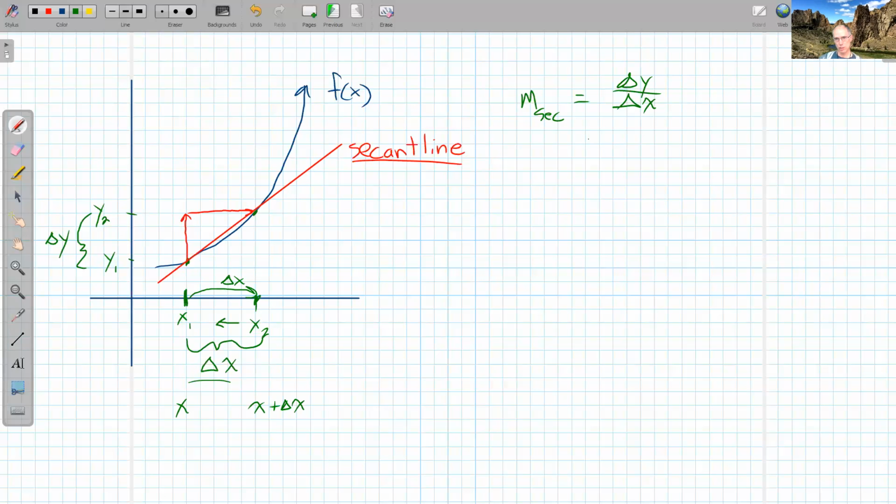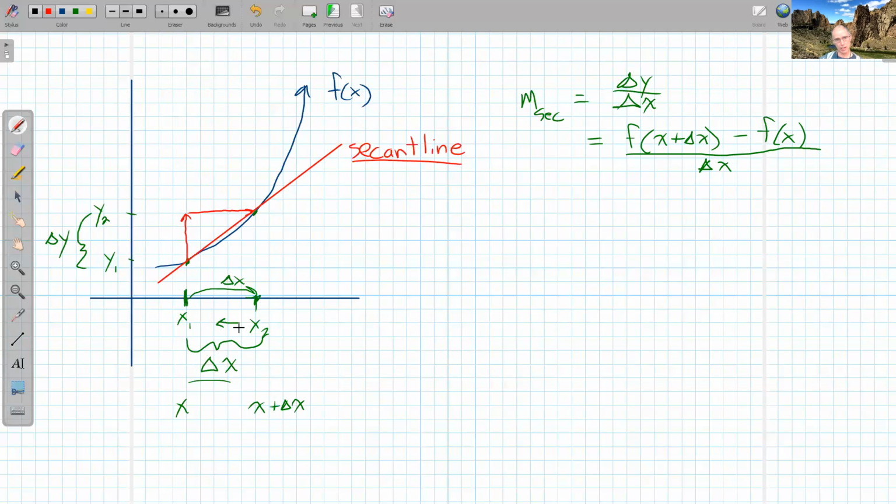So sometimes we'll see this written in function notation as f of x plus delta x minus f of x for the numerator, divided by, well, these two, the difference between the x values, that's just delta x. So I'm just trying to get you used to this notation here.